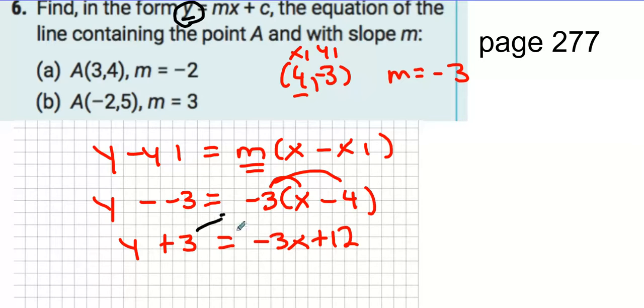So what do we need to send over the other side? When you send +3 over the other side, it becomes a -3. So it will be 12 -3. And what's 12 -3? +9. And that's the equation of your line.